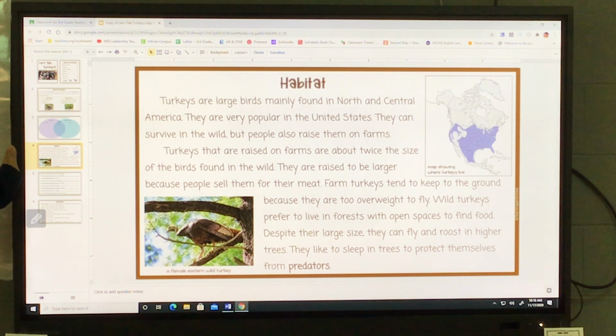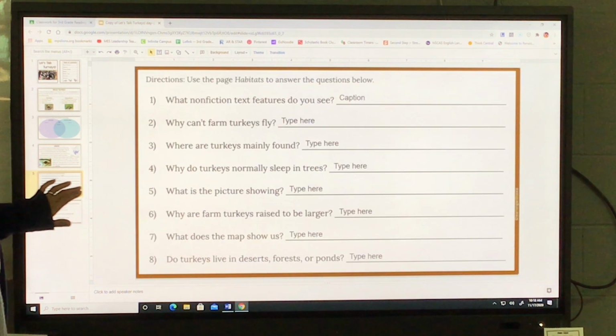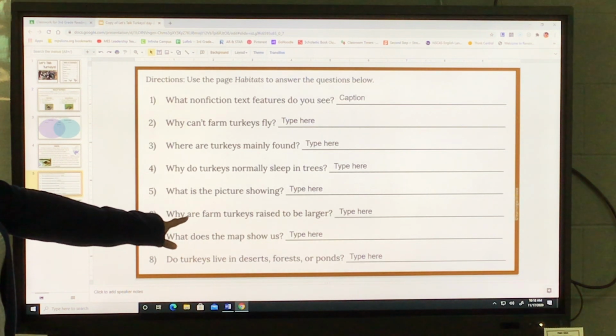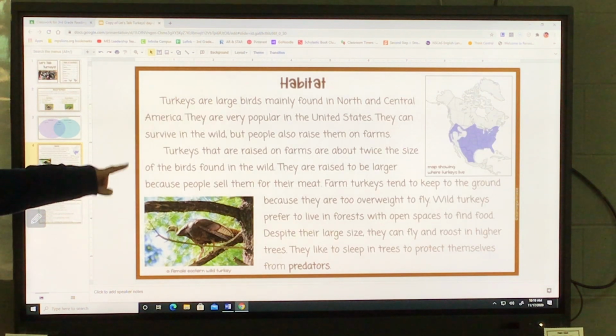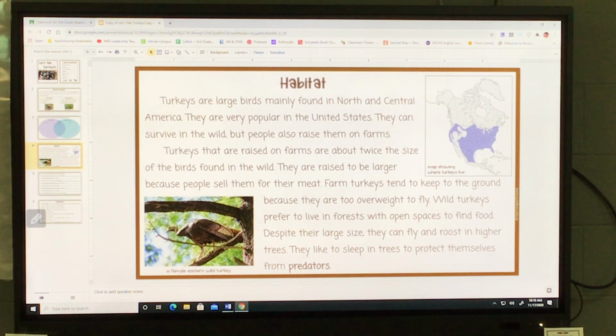Type the answer for question 6. Use the information from the passage to help you type that answer.